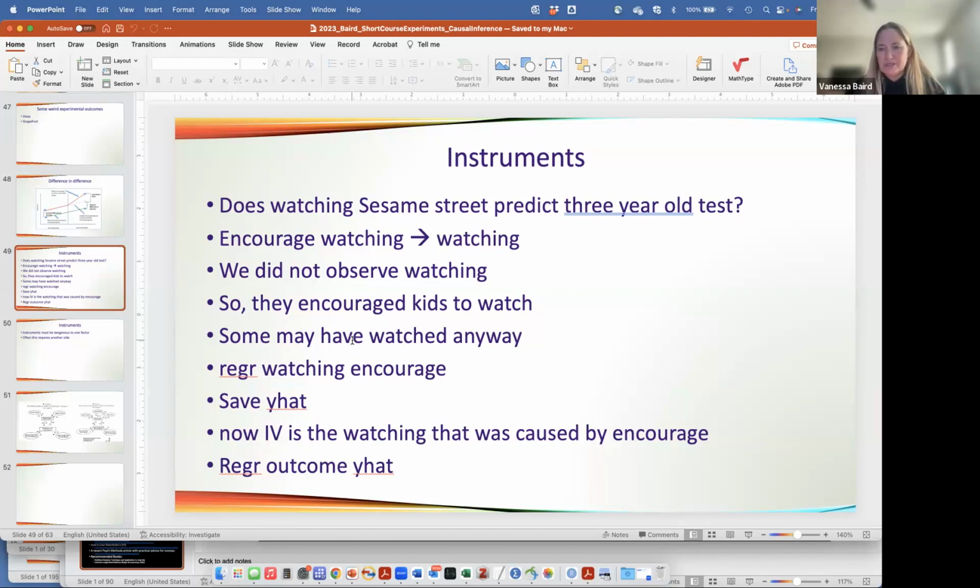And so now you regress whatever outcome you want to understand, IQ or test results or ability to recognize letters, whatever the test is, and you use as the independent variable y hat. Now, the irritating thing about instruments is that they often don't exist.